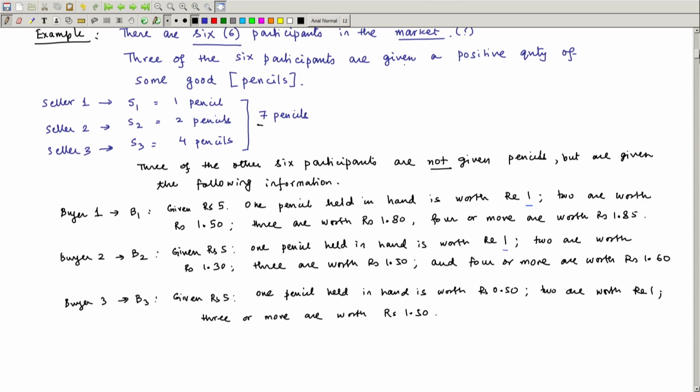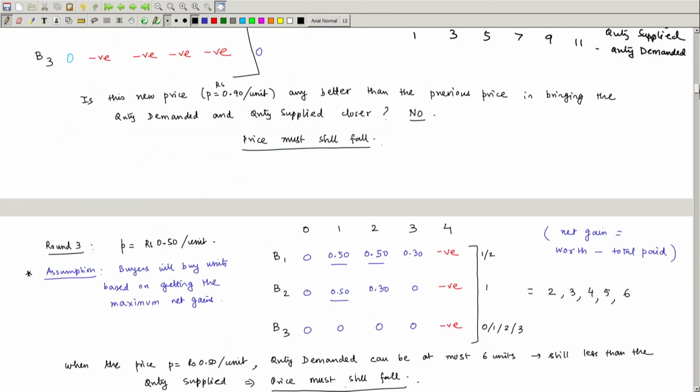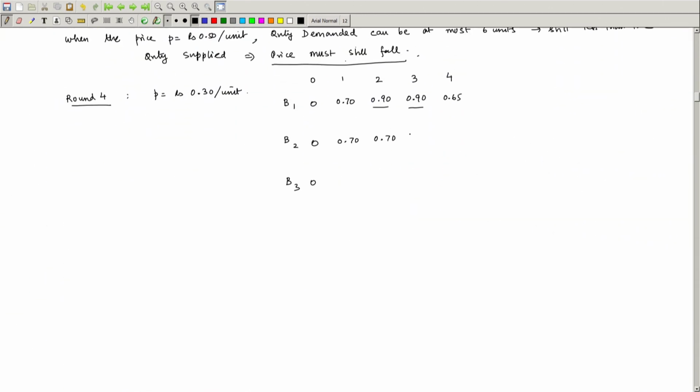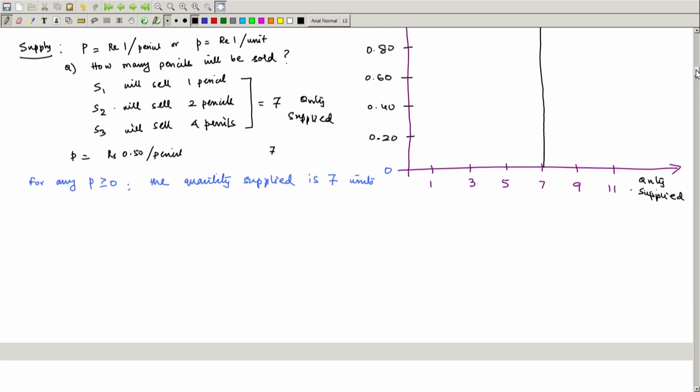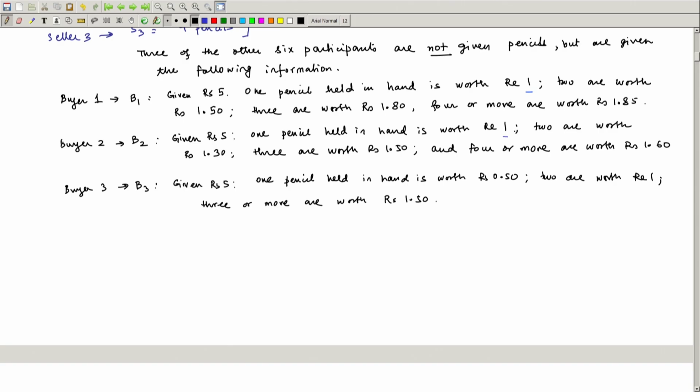So, my net gain is 1.5 minus 0.9, which is 0.6. And once it is reduced, I do not need to check what is going to happen more, right, because your cost of getting the pencils is going to be higher, and the net worth that you are going to get is not going to increase at that faster rate. Okay. So, I will not check for 4 pencils, and for buyer 3, let us repeat.